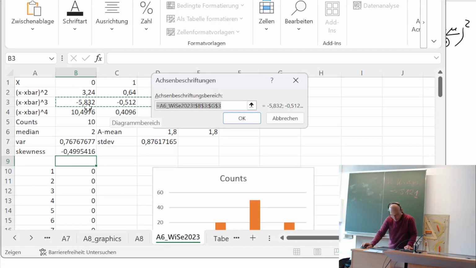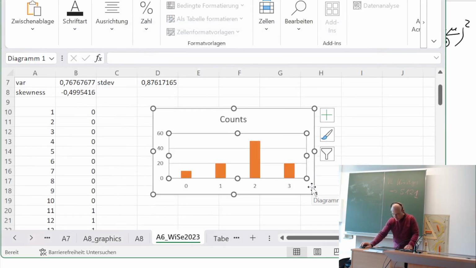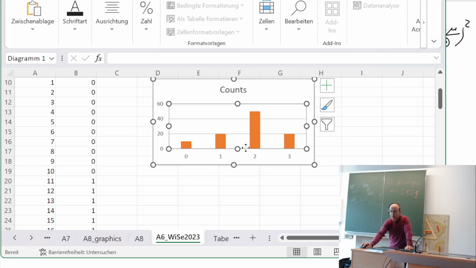This is not B, but this has to be 1. So here at 1.8 we have the arithmetic mean in our distribution, and then we see that it is skewed a little bit to the left, and therefore the skewness has to be with a minus sign, because only in the symmetric case we would have a skewness of 0.